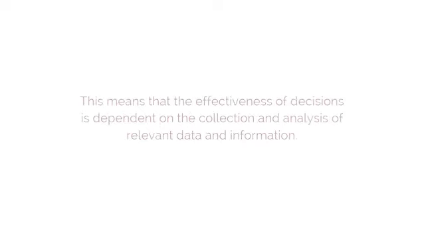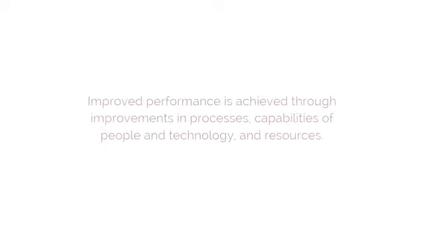This means that the effectiveness of decisions is dependent on the collection and analysis of relevant data and information. The fourth principle is continual improvement. The main focus of TQM is continual improvement of the organization's overall performance. Improved performance is achieved through improvements in processes, capabilities of people and technology, and resources.